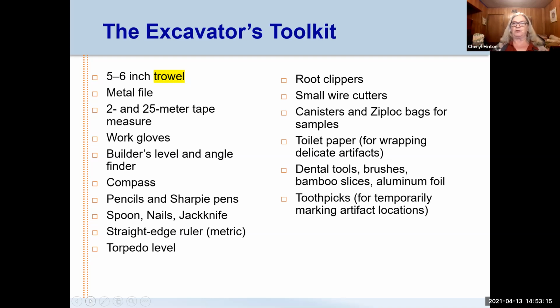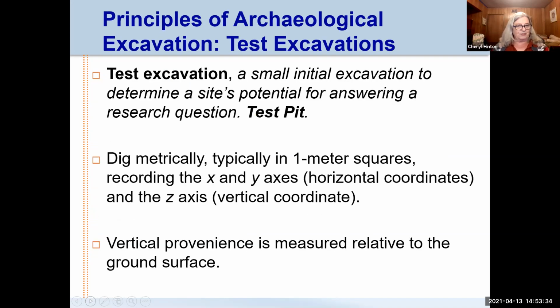And these are some of the things that we normally see. The most important tool for archaeologists is their trowel. I have a couple of them that you see in that picture. You also will see my field notebook, as I said, and some of the entries that I made. All right, so this is important.